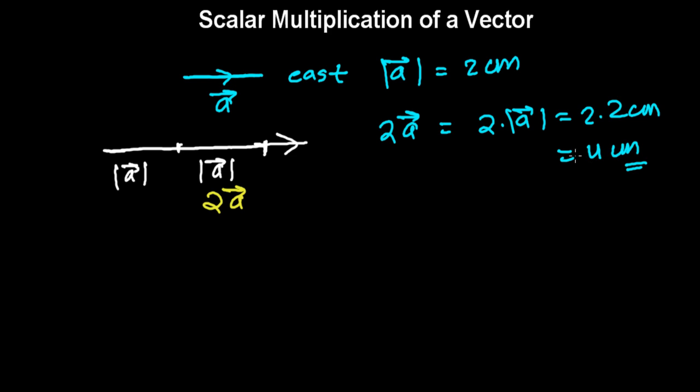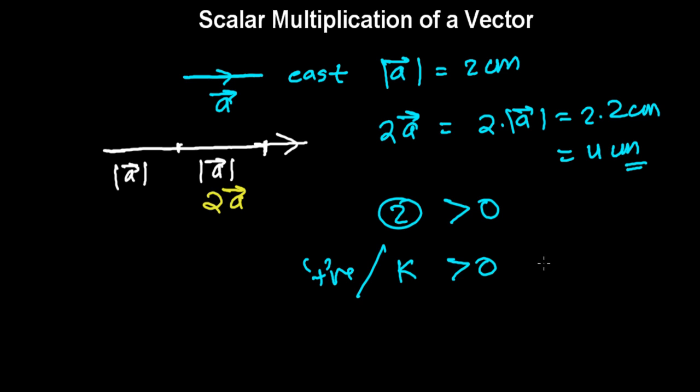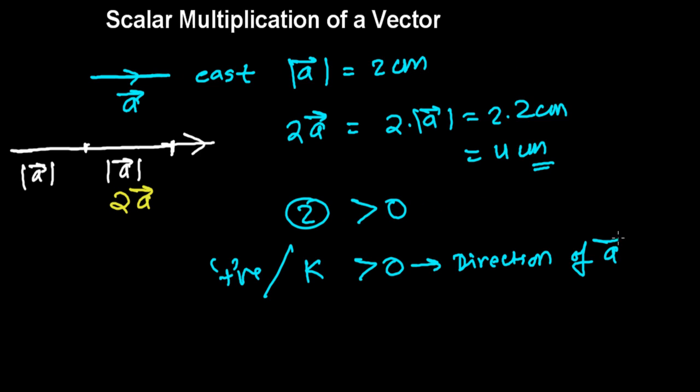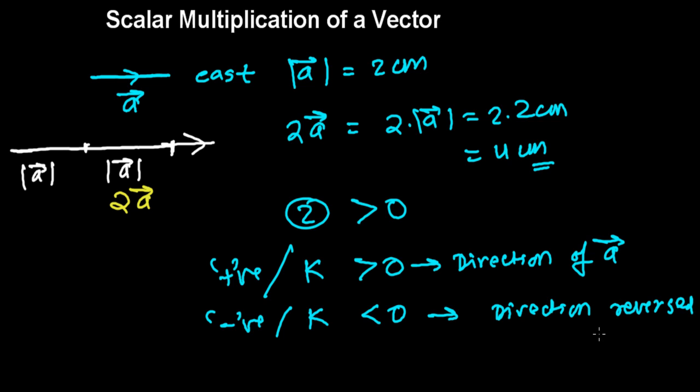Now let's talk about the direction. Here 2 is greater than 0. So whenever the scalar quantity you are multiplying to the vector is greater than 0, I mean a positive quantity, the direction remains the same, the direction of vector A. But if the scalar quantity with which you multiply is negative, or less than 0, then the direction just gets reversed. The direction of vector A just gets reversed.